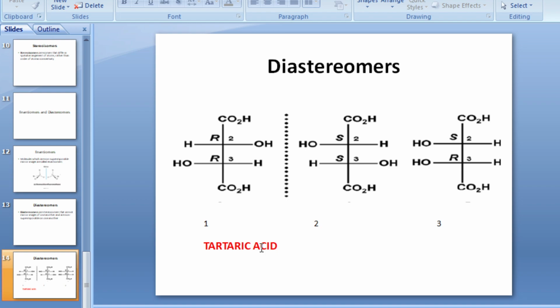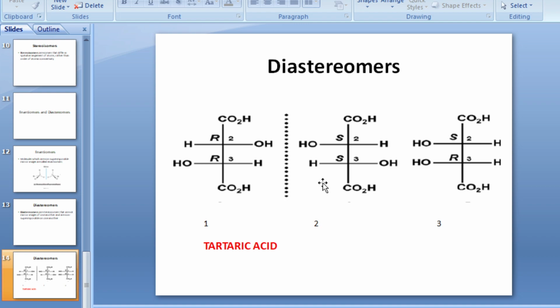As you have already seen RS nomenclature in your previous classes, look at the first and second molecule. These two are what? Mirror images. The dotted line is indicating the mirror. So these two are mirror images and non-superimposable.